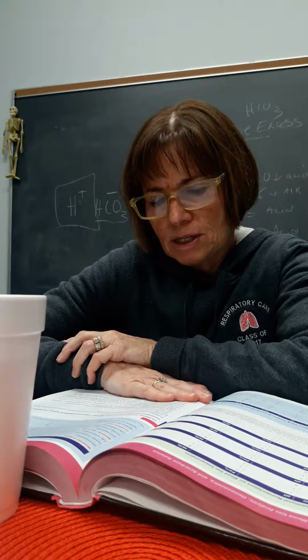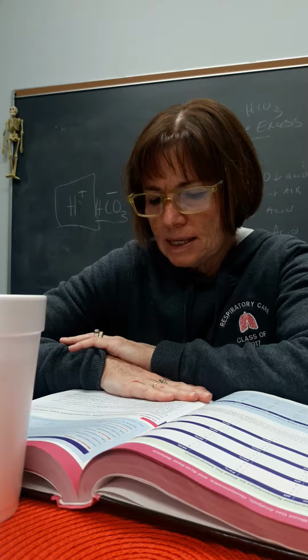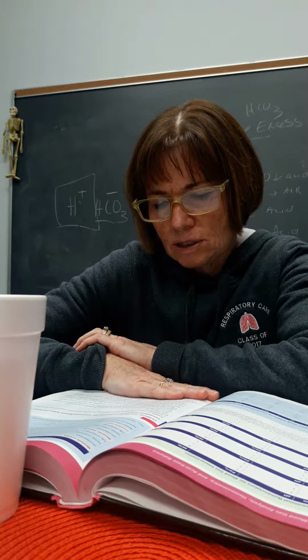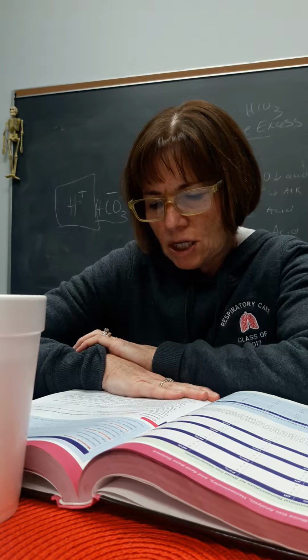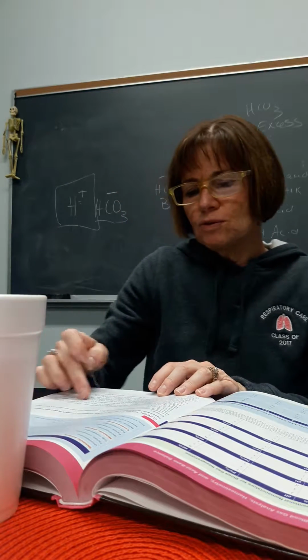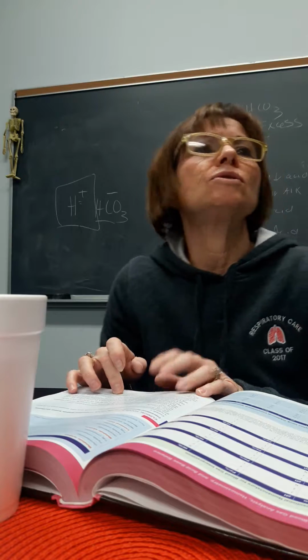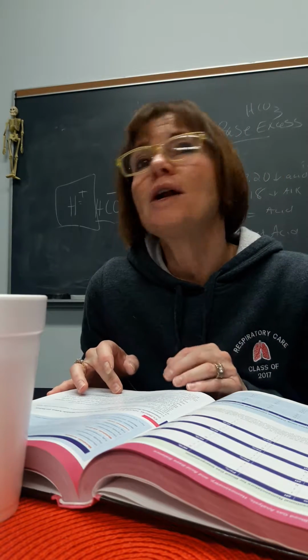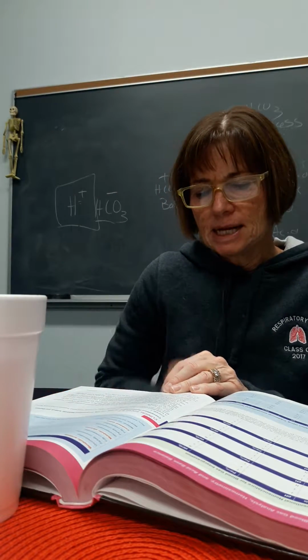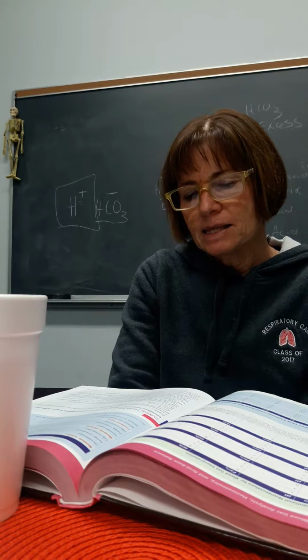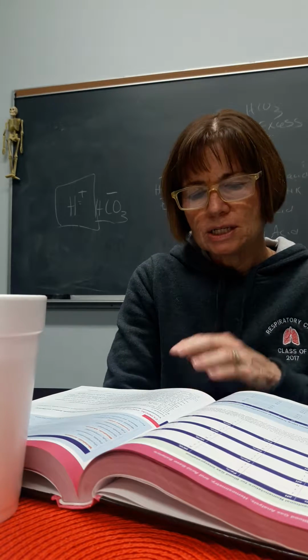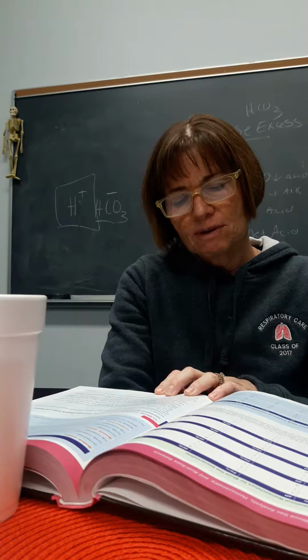So it describes the cause of the abnormal. We see that the patient has a metabolic acidosis, and now we know that it's a partially compensated metabolic acidosis. If you look at this, it walks you through how you did it, so if you got it wrong, you could see where you made your mistake. Then it says several hours later, the blood gas was repeated on this patient, and the pH was 7.35.